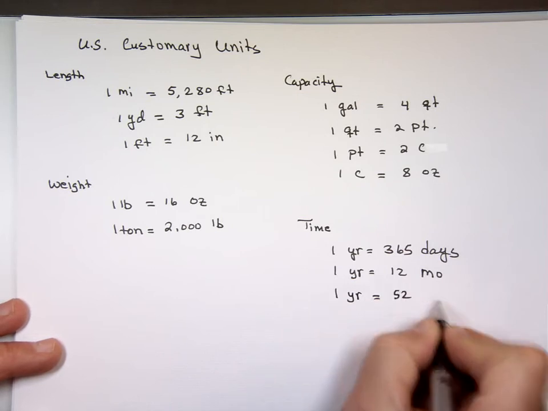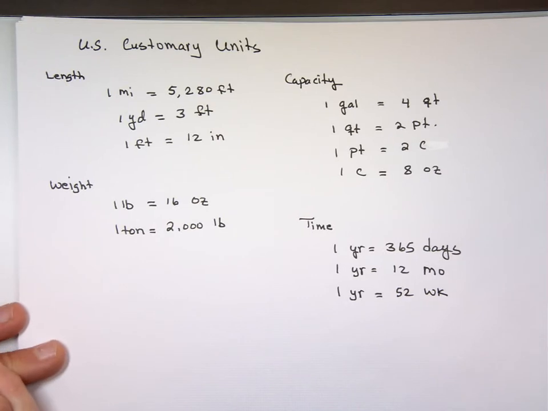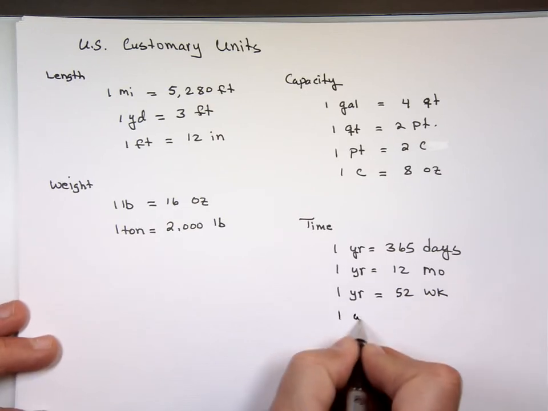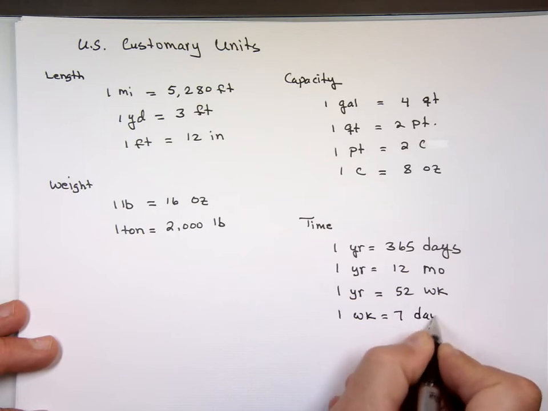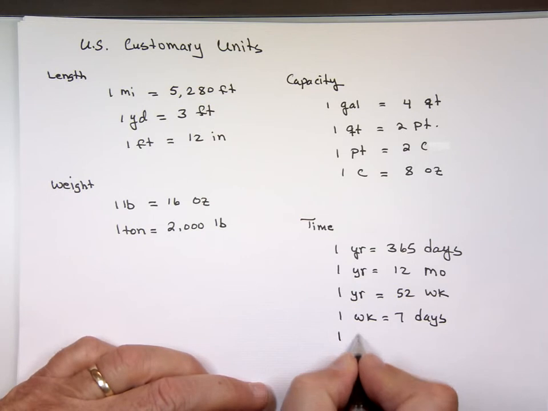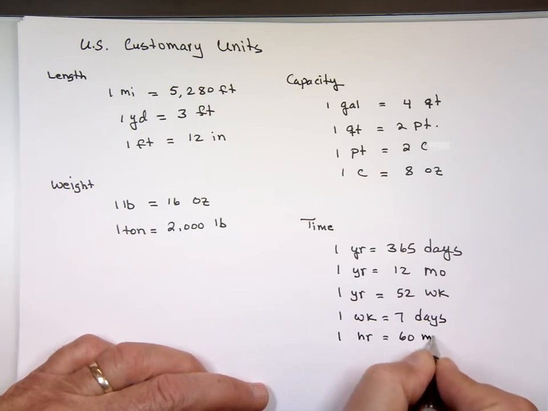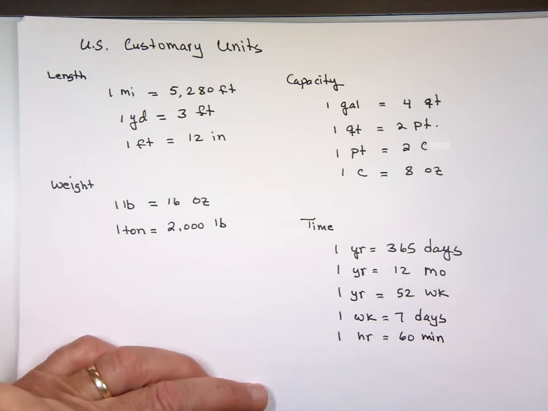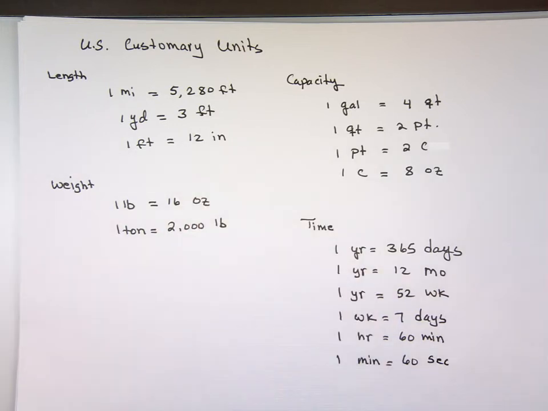Is it 52 weeks? 1 week has how many days? 7 days. 1 hour has how many minutes? 60 minutes. And 1 minute has how many seconds? 60 seconds. So these are the units that we use in the US here.